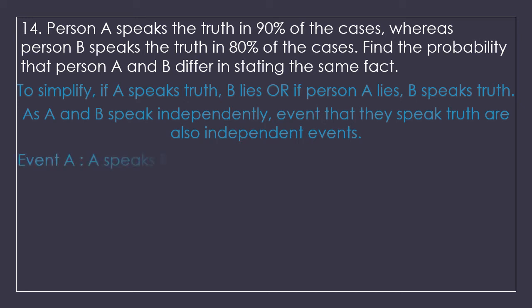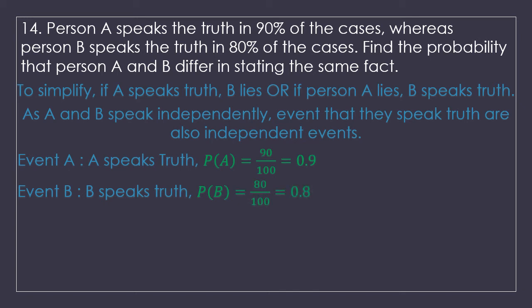Starting with event A, that A speaks truth, probability 90% is 0.9, and B speaks truth is 80%, so that will be 0.8. But I also need to calculate the probability of their lying. Lie is the opposite of truth, so I just have to calculate the complementary event A dash, that is 1 minus 0.9, 0.1. Similarly B lies, that is B dash, that is 1 minus 0.8, 0.2.